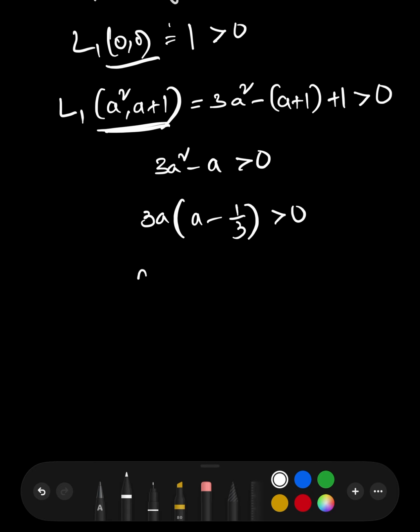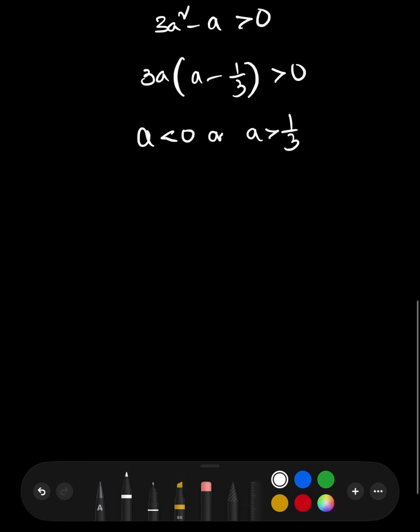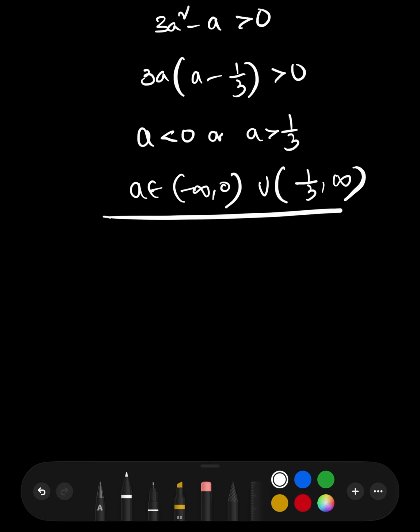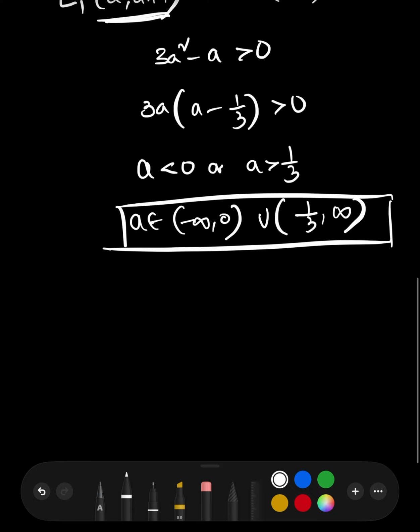So it is very clear that a is less than 0 or a is greater than 1 by 3. That is, a belongs to minus infinity to 0 union 1 by 3 to infinity. This is the first condition we have got.